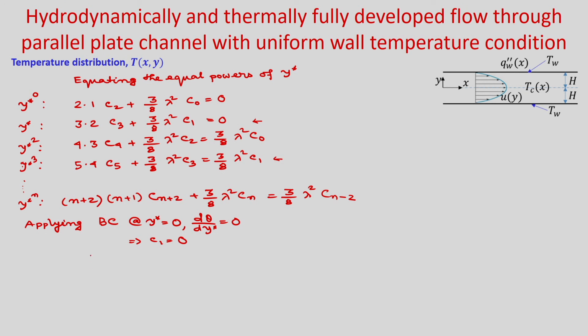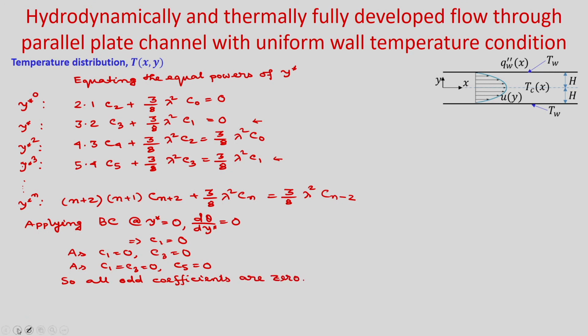So, that means you can write C 1 is equal to C 3 is equal to 0, C 5 is 0. Okay. So, all odd coefficients are 0.